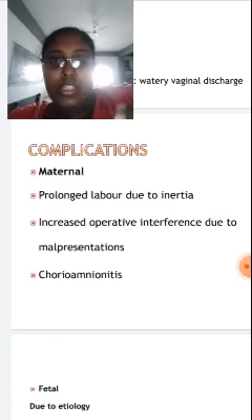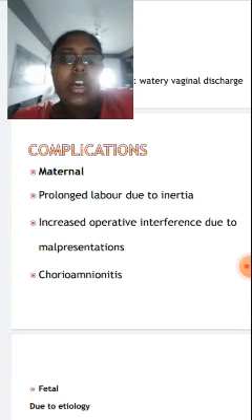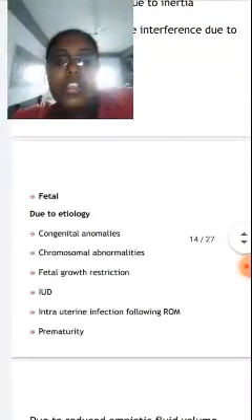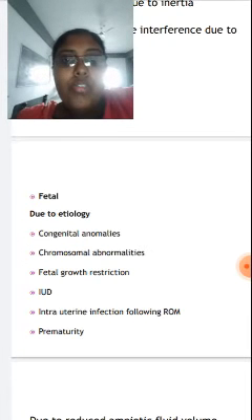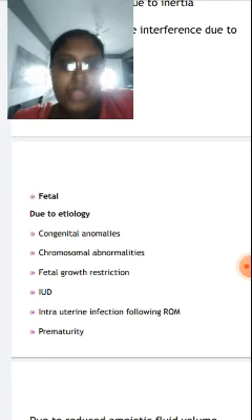We may need to go for some operative interventions if there is a malpresentation and chorioamnionitis infection. Then fetal complications like congenital anomalies, chromosomal abnormalities, fetal growth restriction, intrauterine death, and intrauterine infection, especially if you go for premature rupture of membrane, then prematurity.